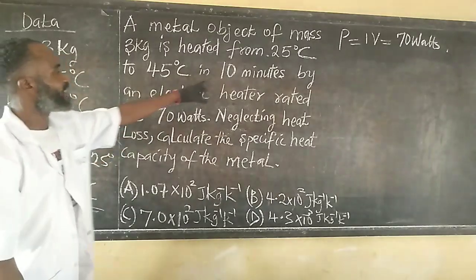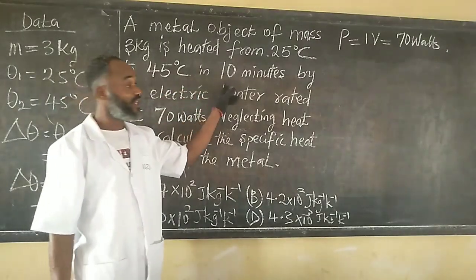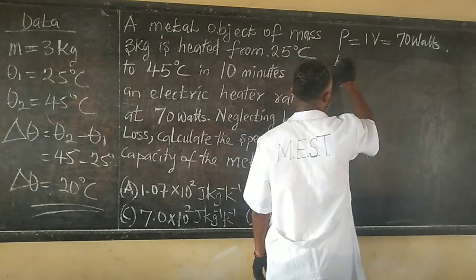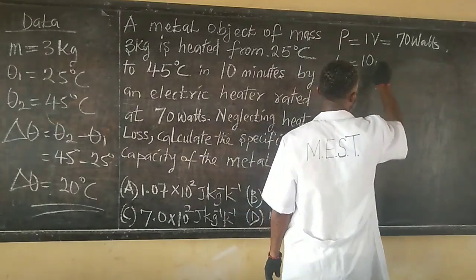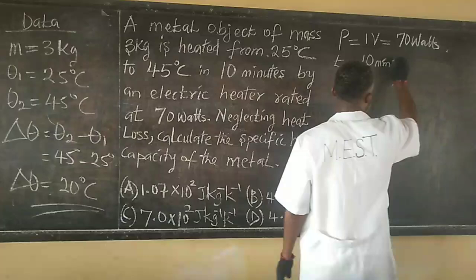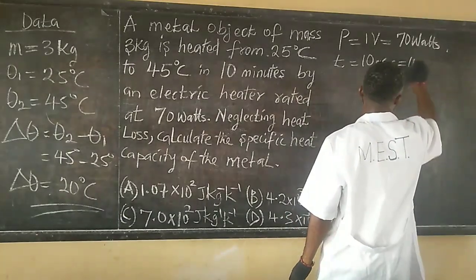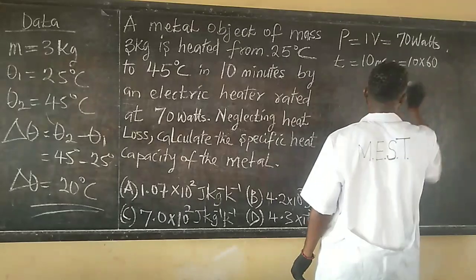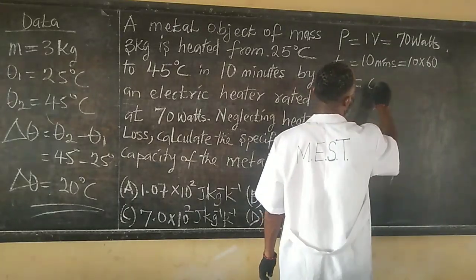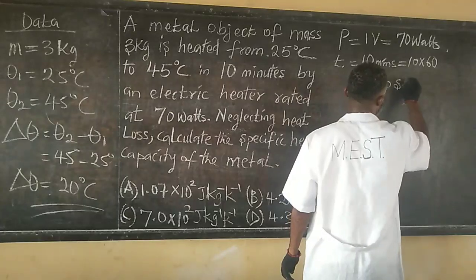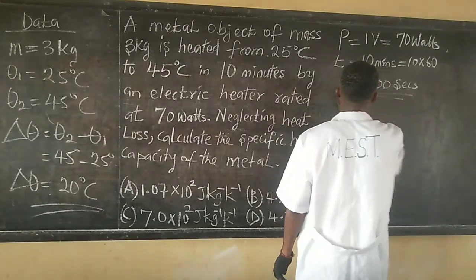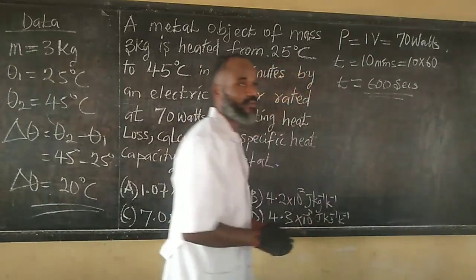So we have taken, okay, time, right? Time T is given as 10 minutes. 10 minutes is equal to 10 times 60 seconds, and this we have as 600 seconds. This becomes our new time, T. Good.